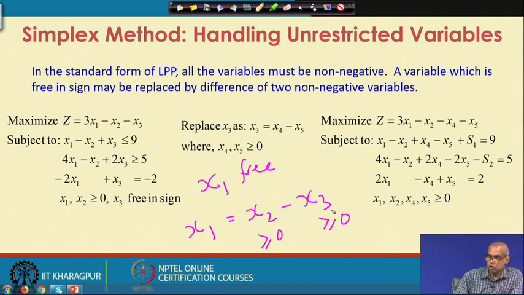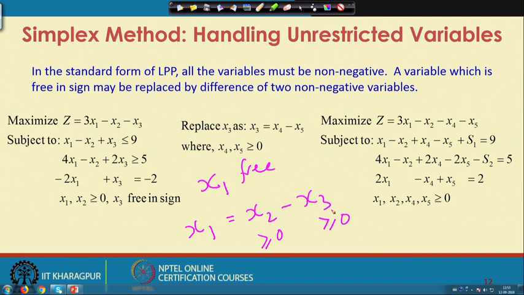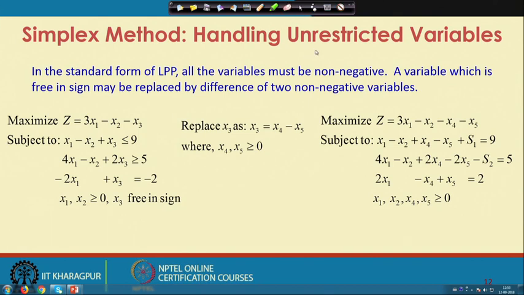So, there will be suitable values of x 2 and x 3 such that x 1 can take both positive and negative values. So, a variable which is free or unrestricted in sign can always be replaced by a difference of two non-negative variables. That is what we will do in the standard form of the linear programming problem for variables which are free in sign.